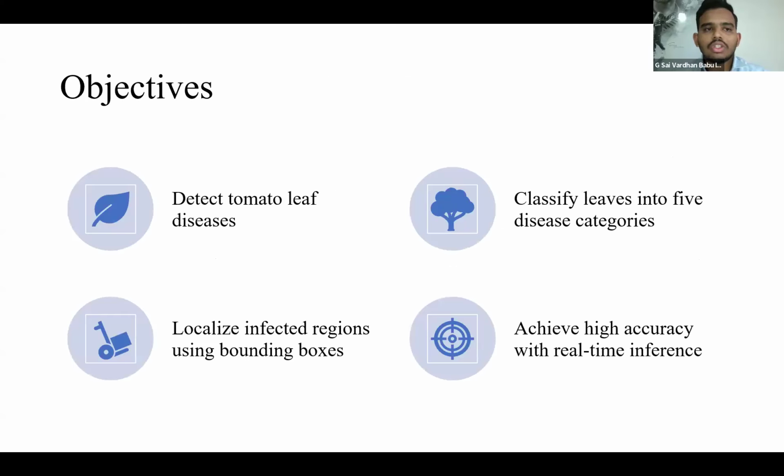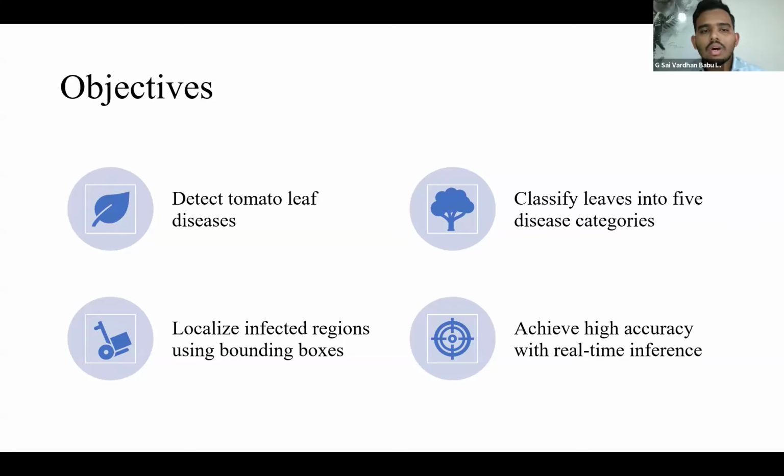Coming to the objectives of our work, we have classified the diseases into five different categories. We want to effectively detect the leaf disease on the tomato leaf, and we are also taking into consideration the high intensity disease on the tomato leaf.